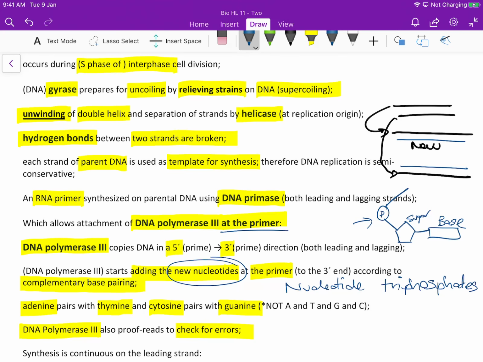But what's used to add in is a nucleotide triphosphate, which has another 2 phosphates on here. And the reason is that as they're added in, by the hydrolysis of this and the new bonds it forms with water, the removal of these 2 phosphate groups provides the energy for DNA replication.